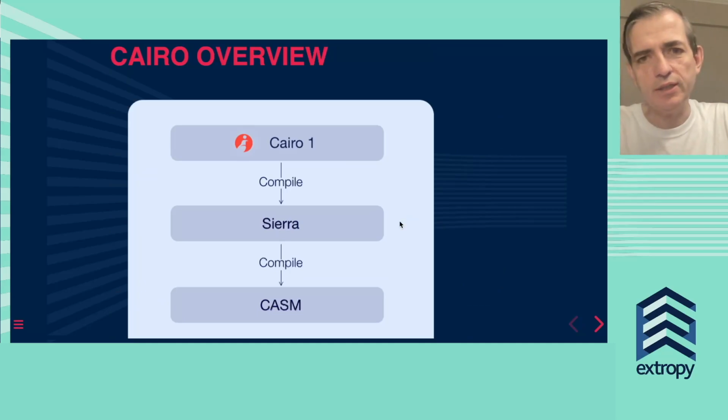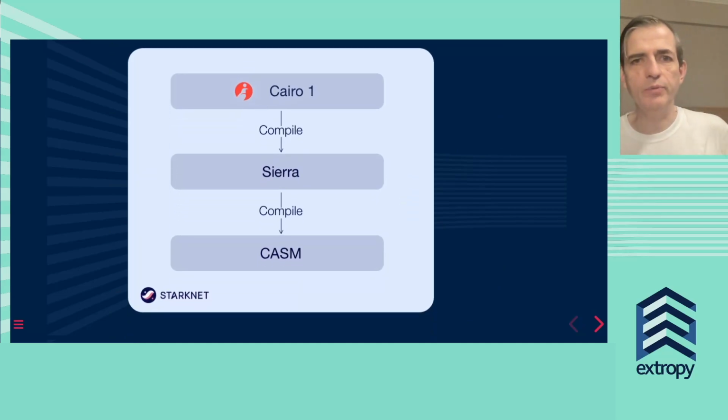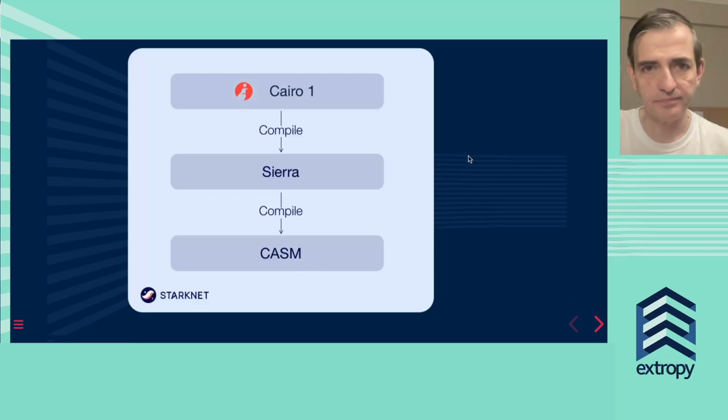Okay, so let's carry on. So what happens when we write our code? We start off writing Cairo code at a fairly high level. That gets compiled down to something called Sierra, which is an intermediate representation, and then that is compiled down to CASM.